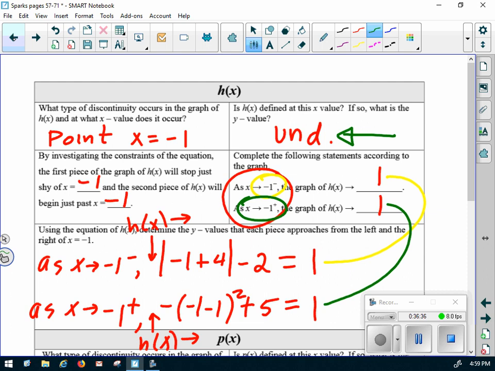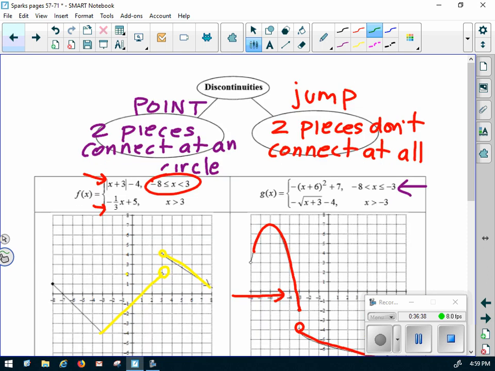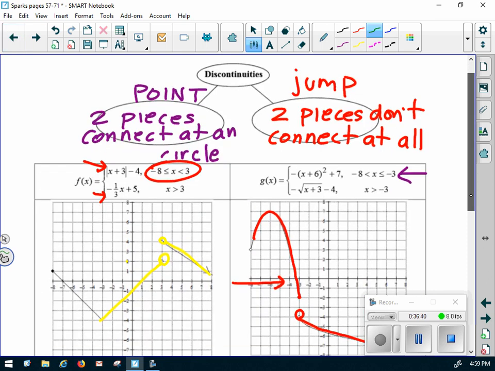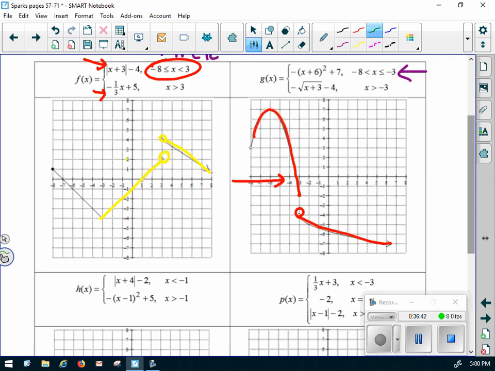Okay, let's just go back for a minute and we're going to talk about each one of these graphs. Look at F. So you look at your graph and you look at the notes that you took a couple pages ago on F of X. So I'm just going to talk through this.